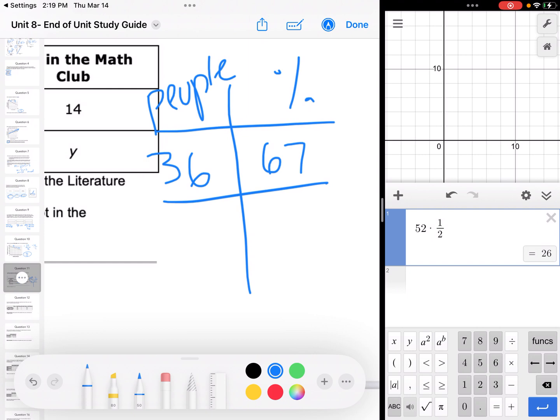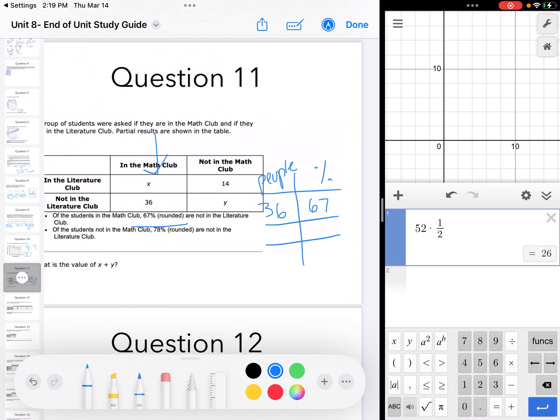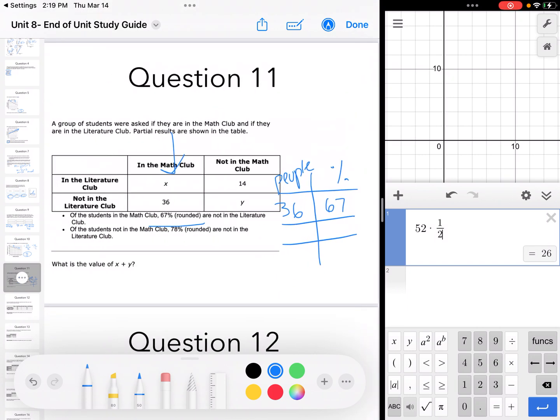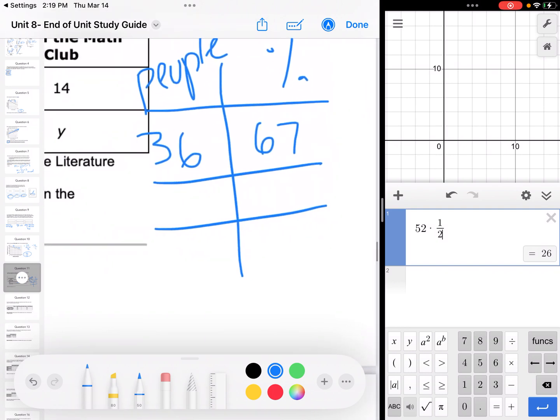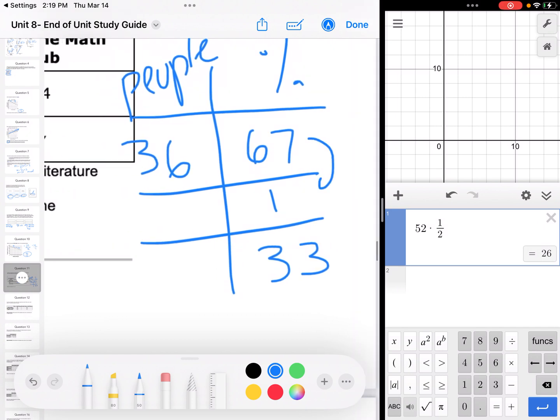So I want to figure out what percent are in the literature club. So that would be 33%, right? Because if I have a total of 100, I know that 33%. So I divide by 67 and then multiply by 33.